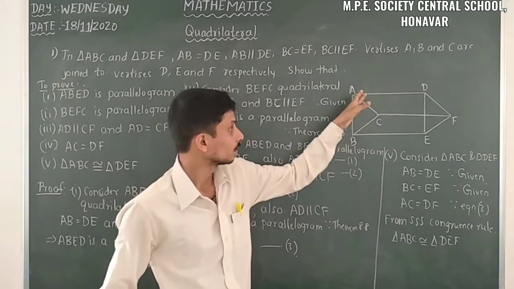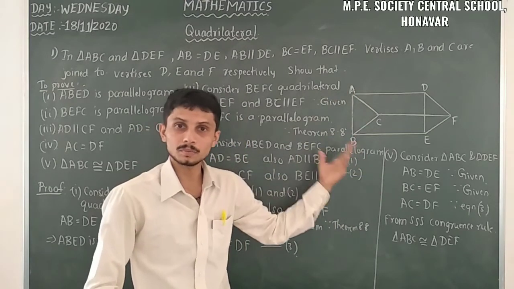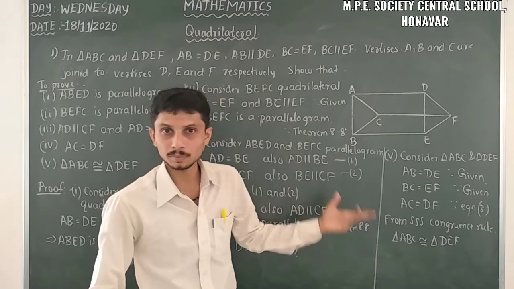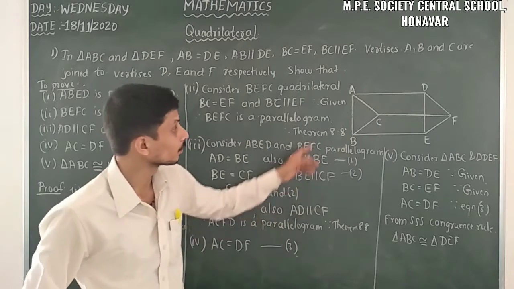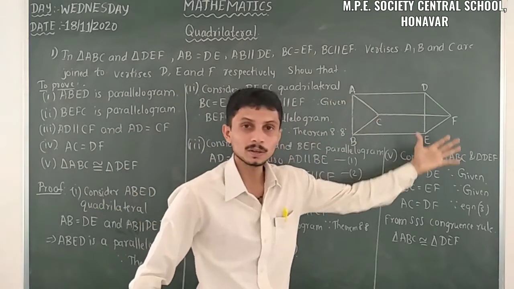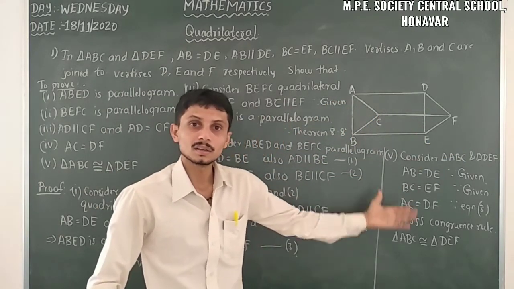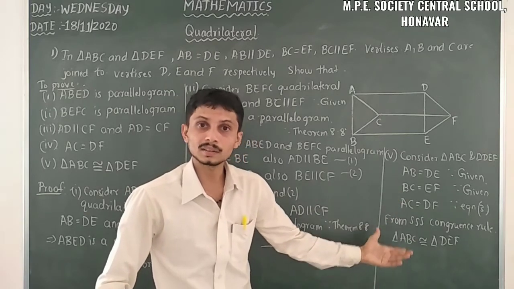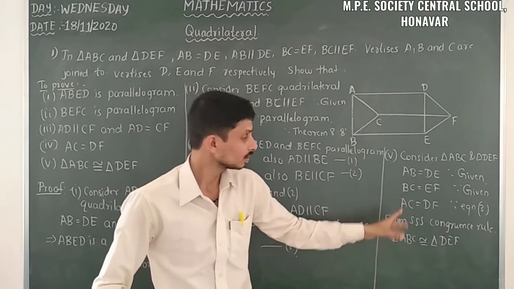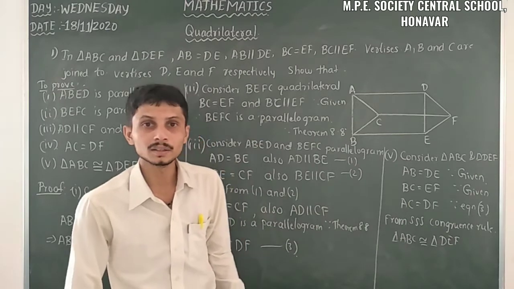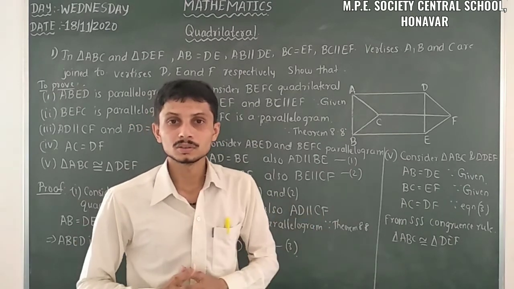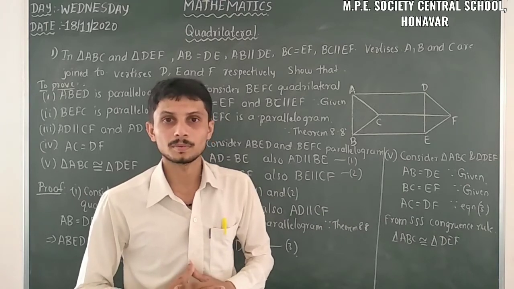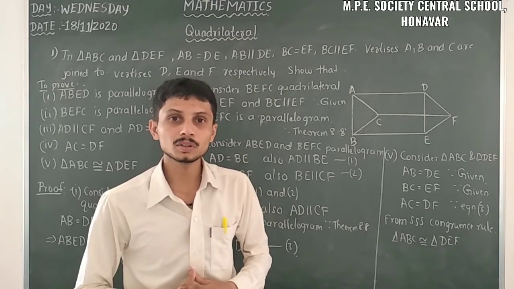And then from some of the steps, we have ACFD is also a parallelogram. From that we have AC is equal to DF. We substituted in the congruence criterion, so then we have the required result. So this is the solution for this type of problem. So let us move on to the next problem.